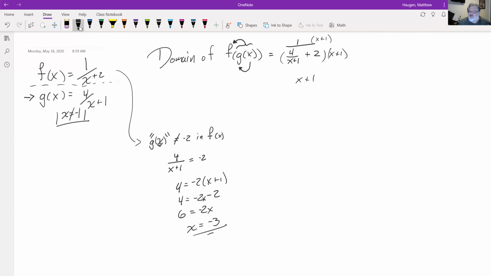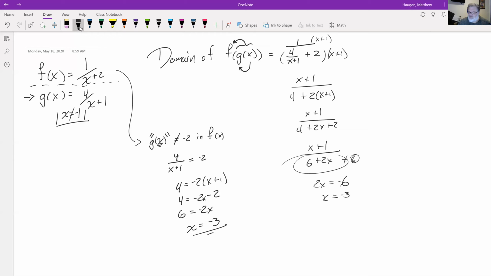We would have gotten x plus 1 over 4 plus 2 times x plus 1, which would have been x plus 1 over 4 plus 2x plus 2, or x plus 1 over 6 plus 2x. And then said, hey, 6 plus 2x can't be equal to 0. So 2x can't be equal to negative 6, so x can't be equal to negative 3, and that's our restriction.